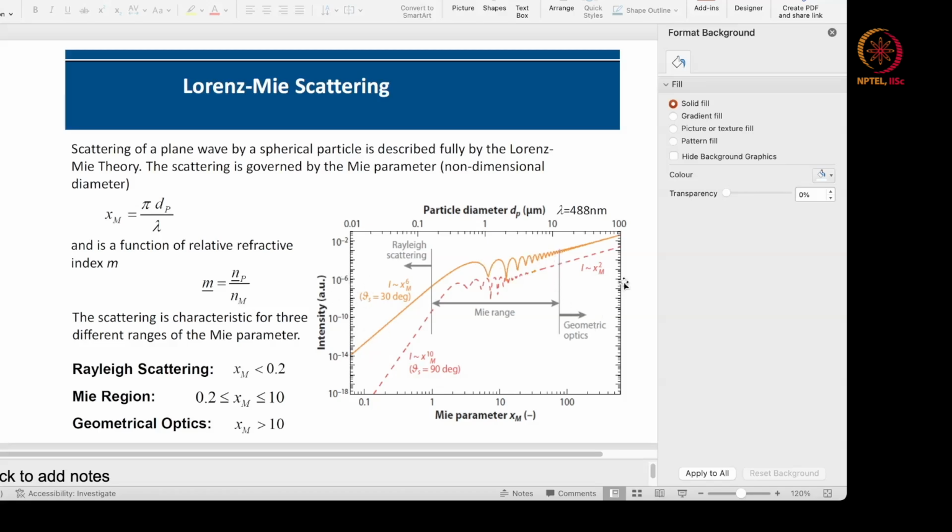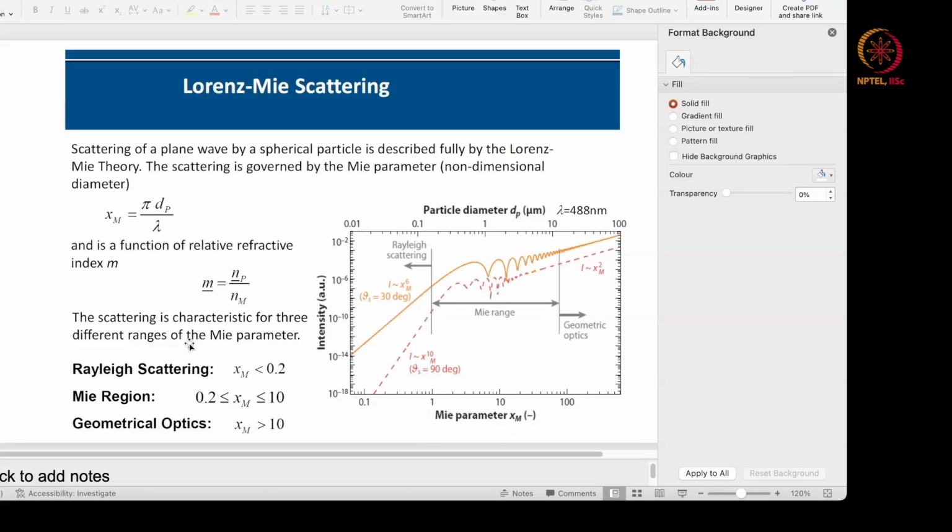And then if you go to the geometric optics range, up to about 100 microns, this is very high. The idea here is the intensity scales somewhat as x to the power of 6; here it is up to x to the power of 2. So this is the kind of range that we are looking at.